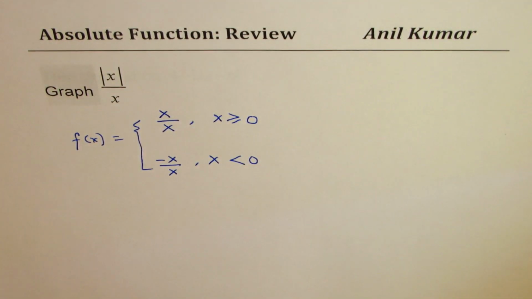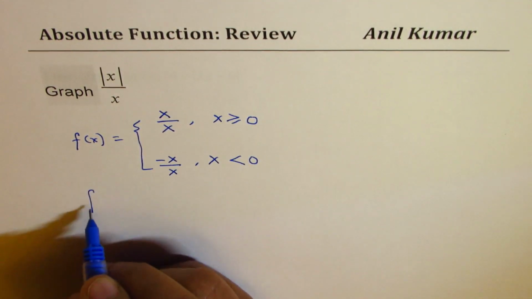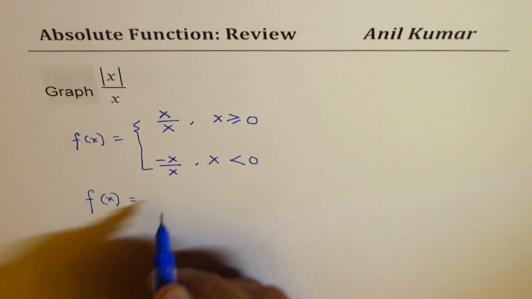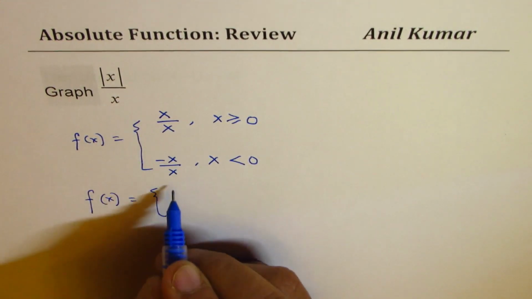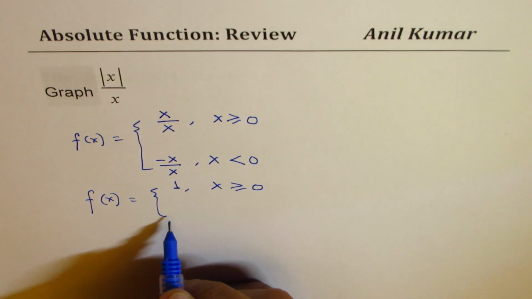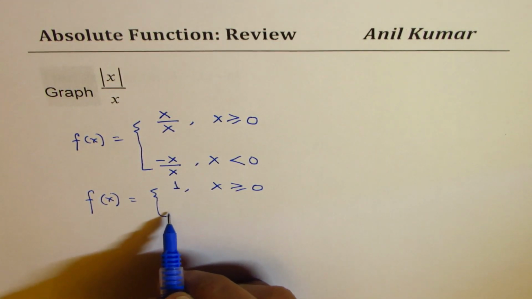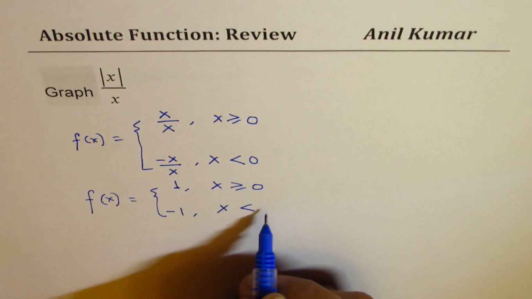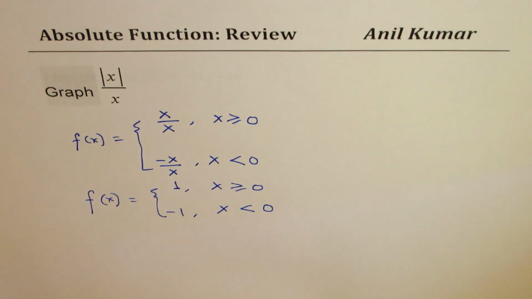Correct? That really means that f of x equals x over x, which is 1 when x is greater than or equal to 0, and minus 1 when x is less than 0. Correct? Now in doing this, I made a mistake.